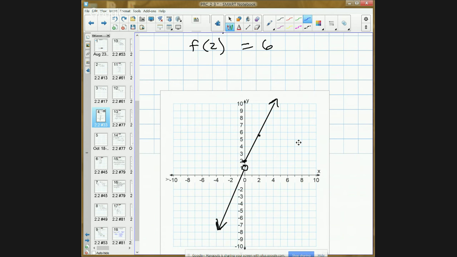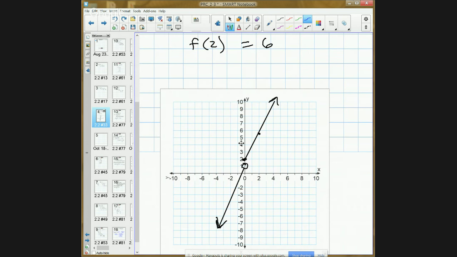Because the top says when x is less than 0, not less than or equal to, just less than. And the other one does have greater than or equal to 0, so that's why that one begins with a solid dot. It's still a function. If we pass a vertical line through, it will only cross the graph at one point.